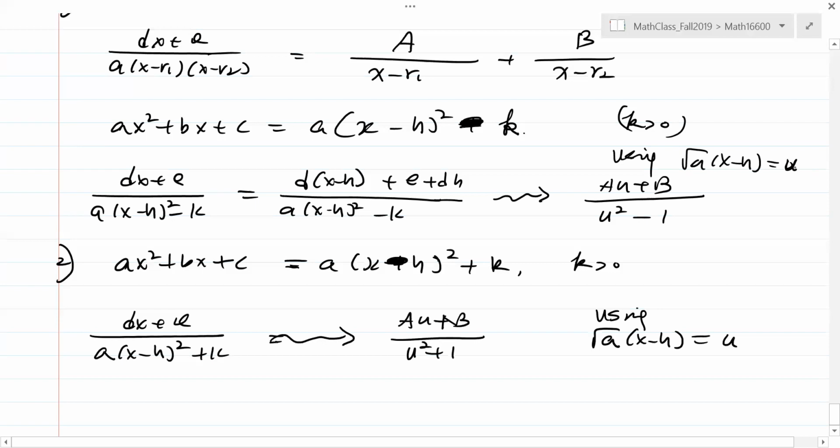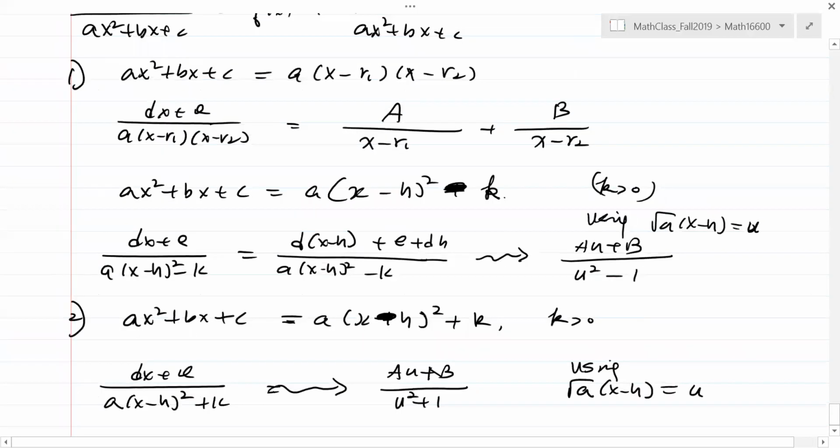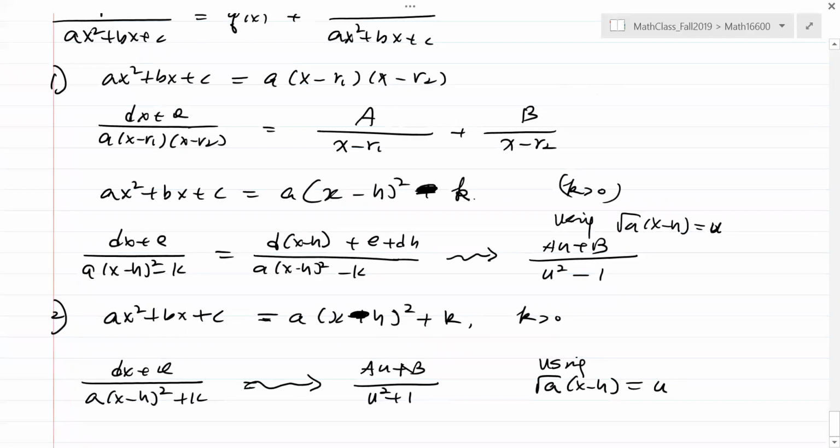So I summarize these two types of integrals. For the first one, you have two options, and we solved this, evaluating the integral in two different ways.